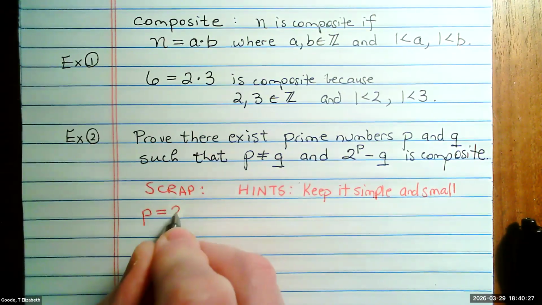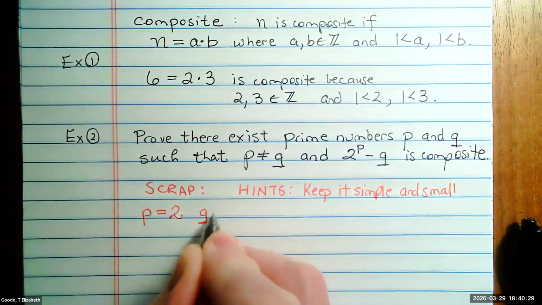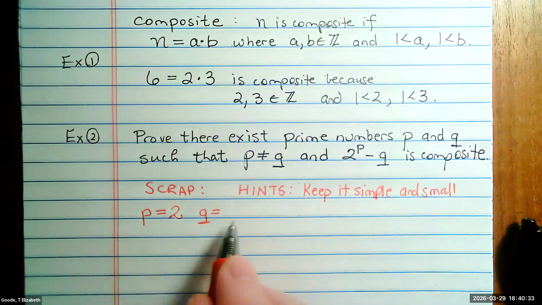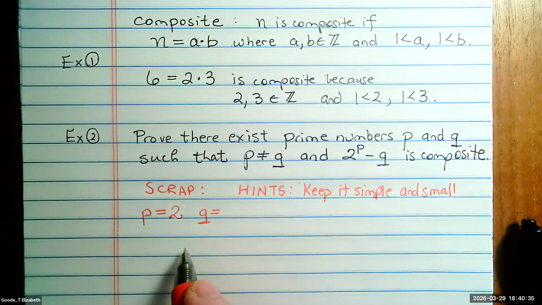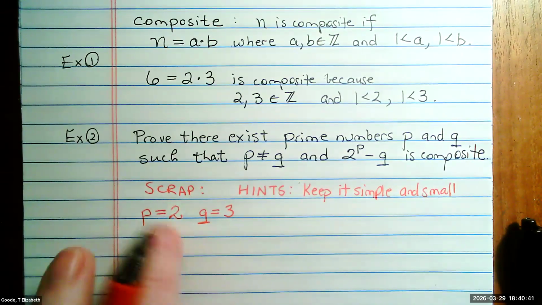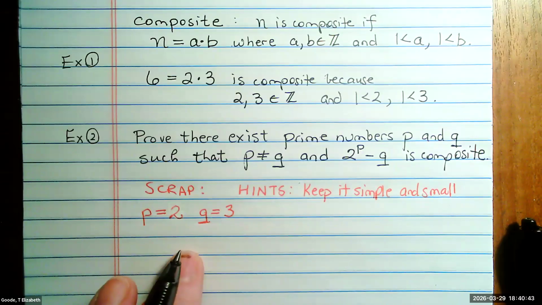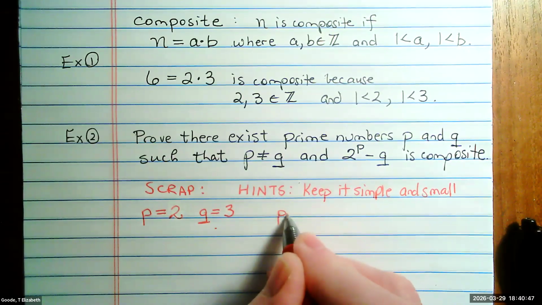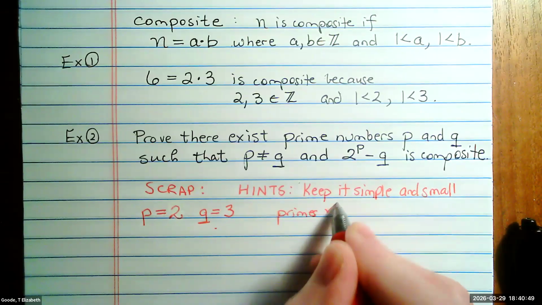Okay, so we can try P equals 2 and Q equals what? They both need to be prime. Let's just use 3. These are primes, right? Let's just try that. So they're primes. We'll be able to verify it for sure.